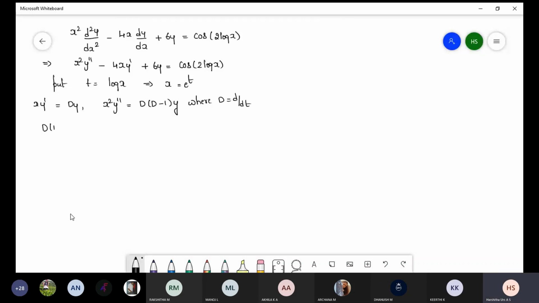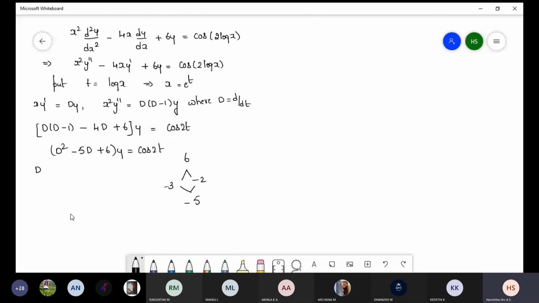Substitute D into D minus 1 minus 4D plus 6 whole into y is equal to cos 2t, because log x we have taken as t. So D square minus D minus 4D is minus 5D plus 6 into y is equal to cos 2t. Again 6 here, minus 5, so minus 2, minus 3.